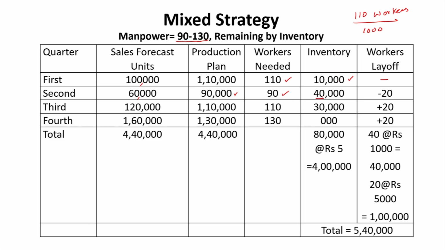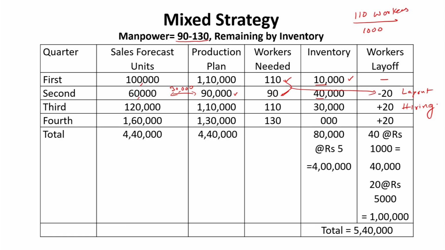So, now total inventory is 40,000. 40,000 will come from 10,000 plus the gap of these two, which is 30,000. So, together 40,000 inventory is there and I have laid off from 110 to 90. I have laid off 20 workers. So, minus 20 is a layoff. If it is a minus, it is a layoff. If it is a plus, that is hiring.